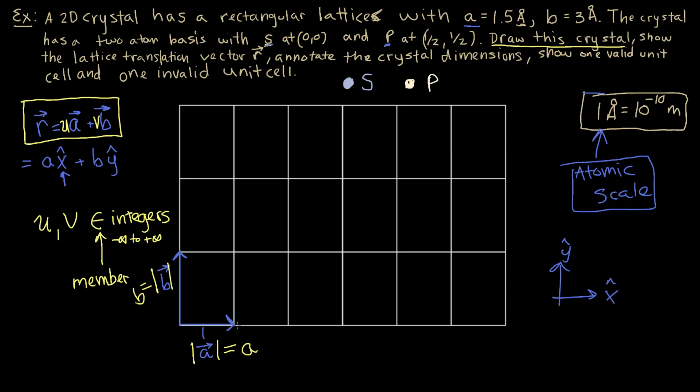And if you remember from one of the previous videos, 0, 0 essentially refers to any of the lattice points. So the S atoms will fall directly on the lattice points. From the definition of our lattice, if we're going to call this point 0, 0, we can also call the point over here 0, 0, and any other point in the lattice. So I will just draw 9 of these points here.